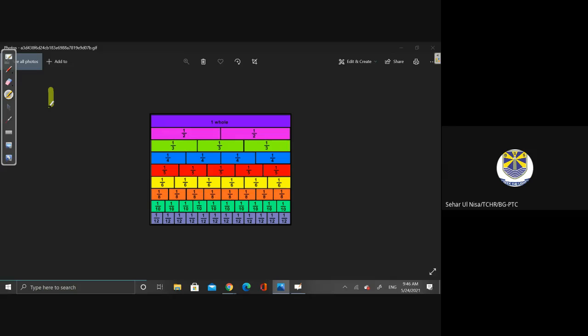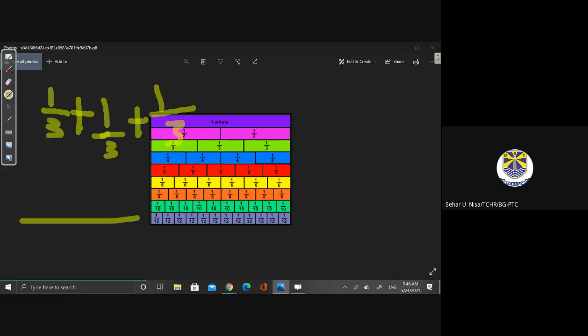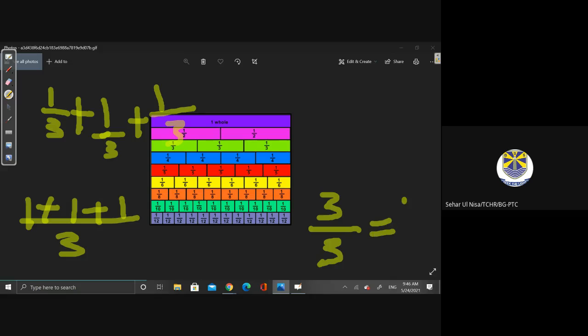When you add 1 by 3 plus 1 by 3 plus 1 by 3, it will give you what? The 3 will come once, and 1 plus 1 plus 1 will give you 3. So 3 by 3 will be equal to 1.